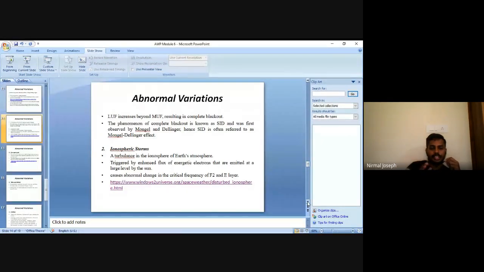It is not as severe as SID, which we have already seen results in complete blackout. It will affect the topmost layers only, like the F2 and E layers.